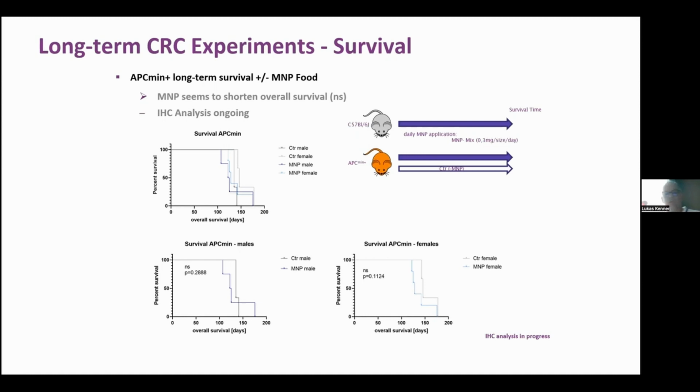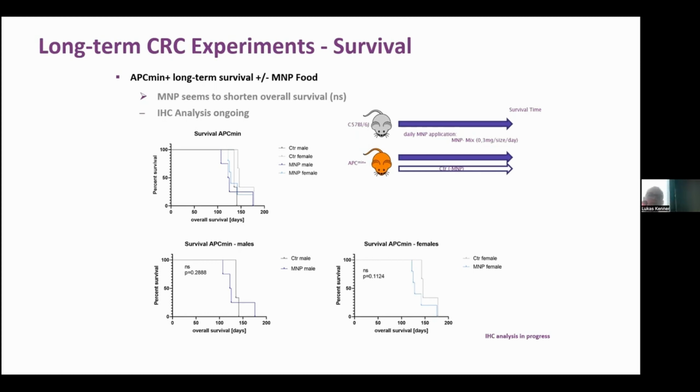This is a transgenic mouse model with APC-min. This is the oncogene which is mutated, a point mutation in the APC gene, which is the first step in the oncogenic pathway in colon cancer, and these mice get intestinal cancer.